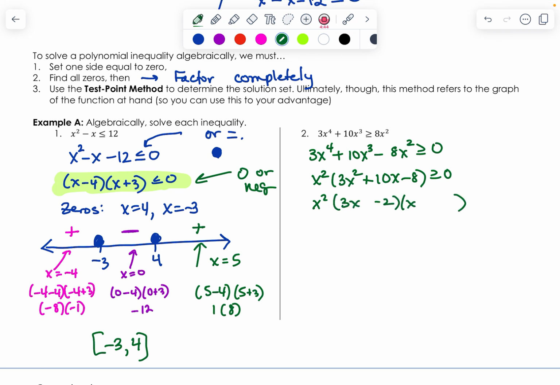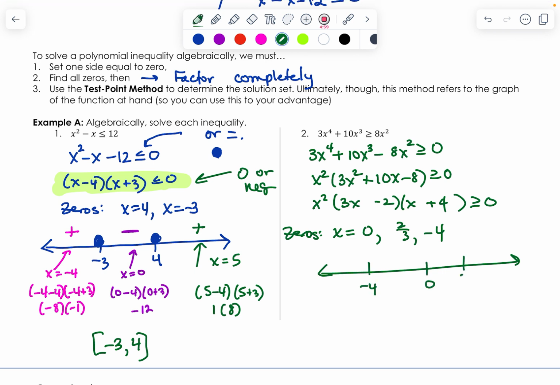It does factor into x minus 2, x plus 4, greater than or equal to 0. So my zeros are 0, 2/3, and negative 4. So I have an or equal to, so these are filled in circles. Okay, these are or equal to.